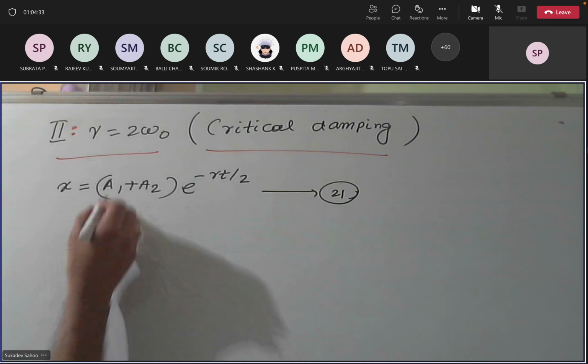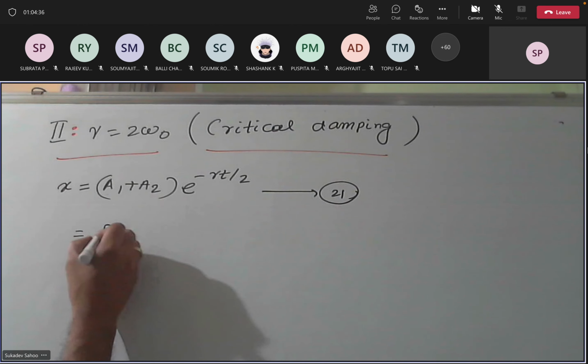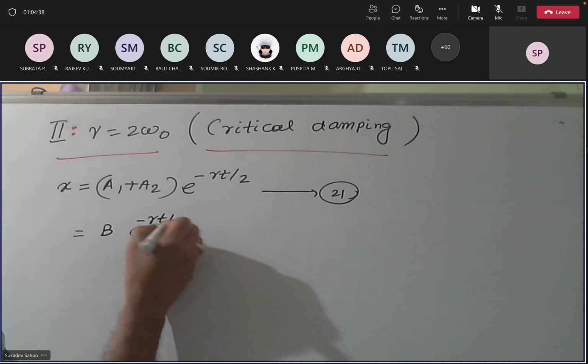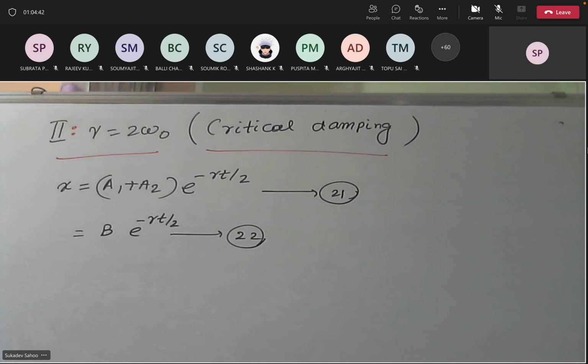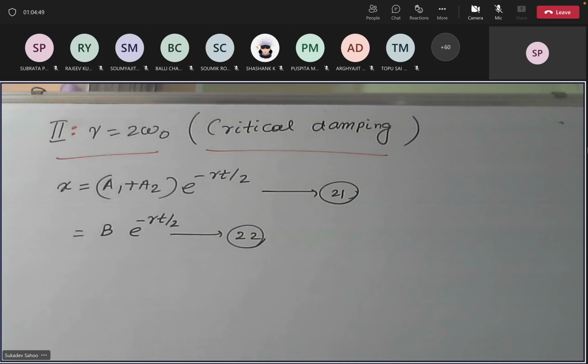Since a1 and a2 are constants, we can write another constant b equal to a1 plus a2, so x equals b e to the power minus gamma t by 2.